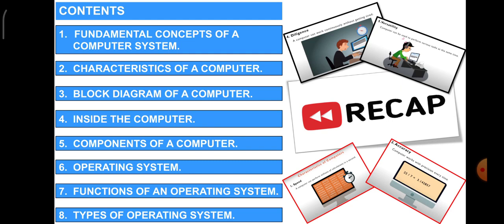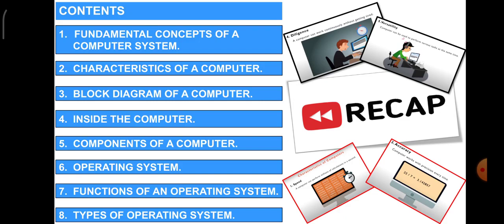You have learned what is a hardware, what is a software, and what is a database, and the characteristics of computers, namely speed, accuracy, memory, diligence, storage, intelligence, and so on and so forth.